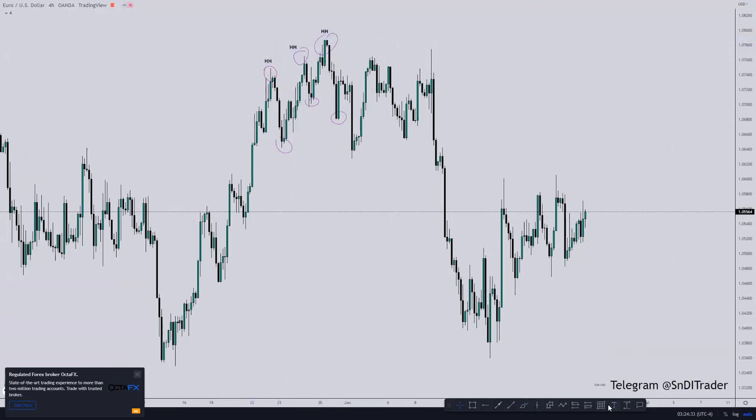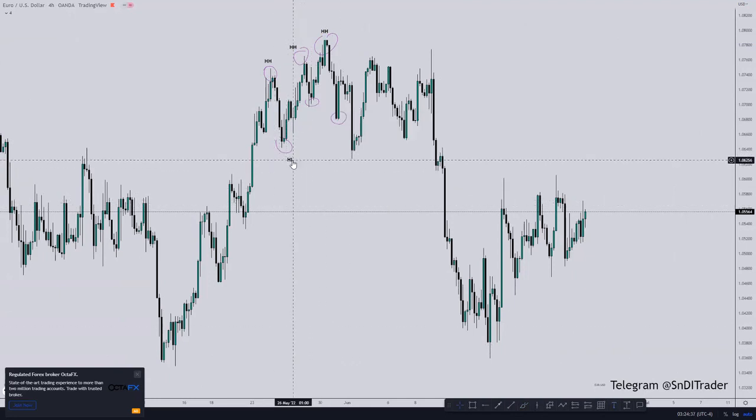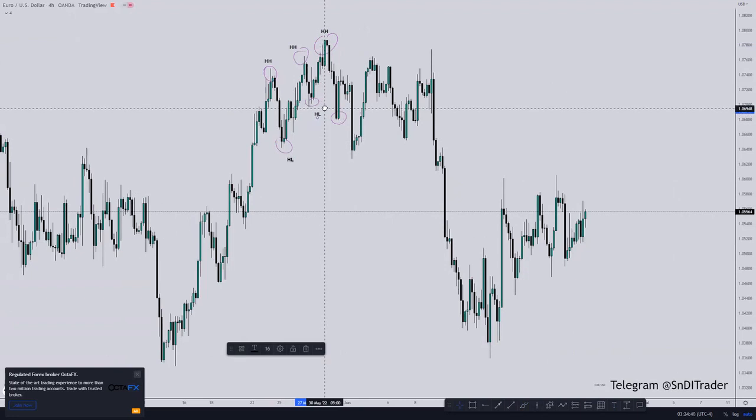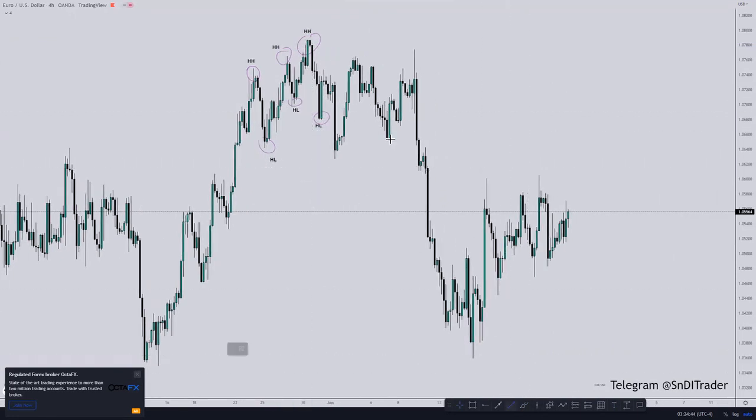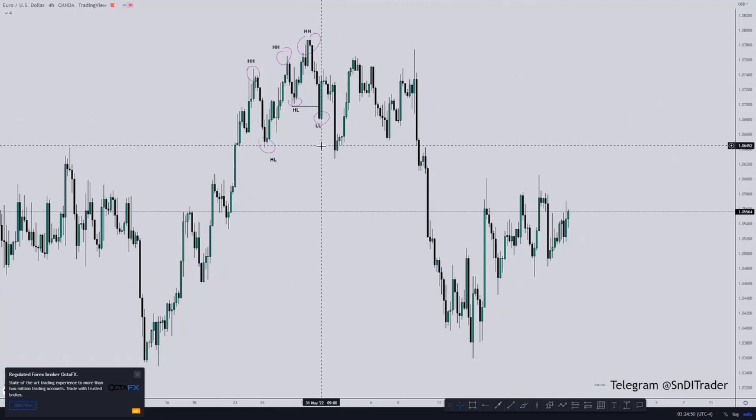And we have this higher low, this higher low, and this higher low. So now we have a breaking market structure towards the downside, and this will be a lower low. Sorry, this is a lower low. So we have a breaking market structure towards the downside. So this low also got taken out.